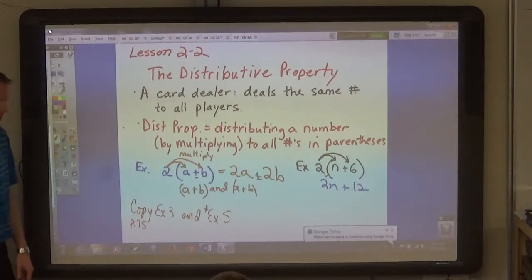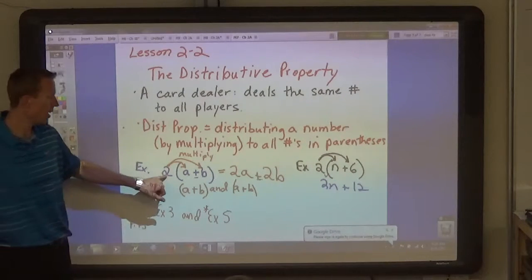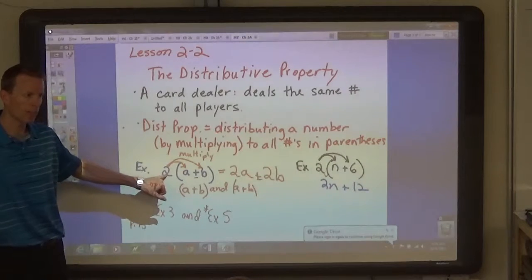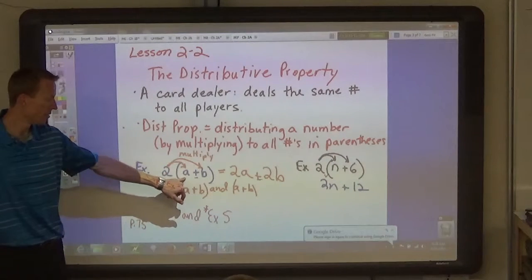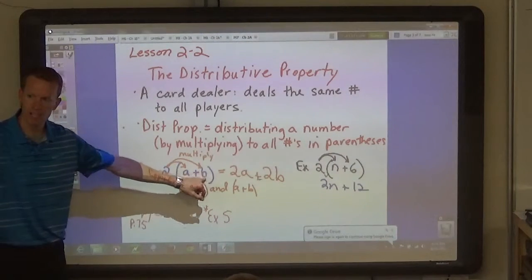Okay? So, in order to multiply, we have to multiply the 2 times the a and the 2 times the b.